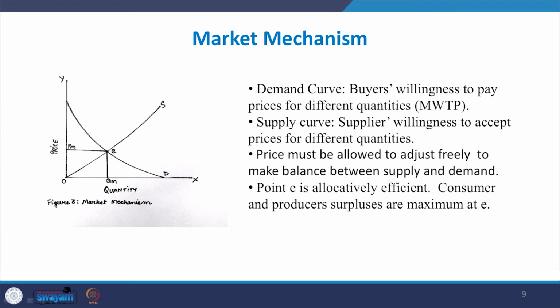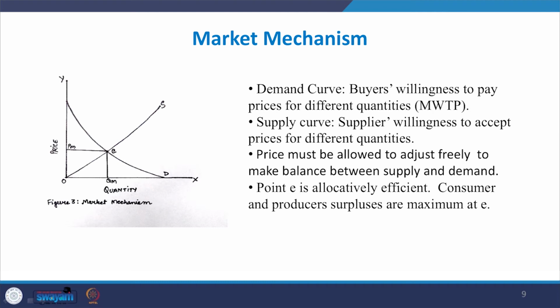So, when these two opposite forces, supply and demand, cancel each other out, the equilibrium level of price is determined. So, at the point where the supply curve intersects the demand curve, the market price of the product is determined and the equilibrium level of quantity of demand and supply is determined.